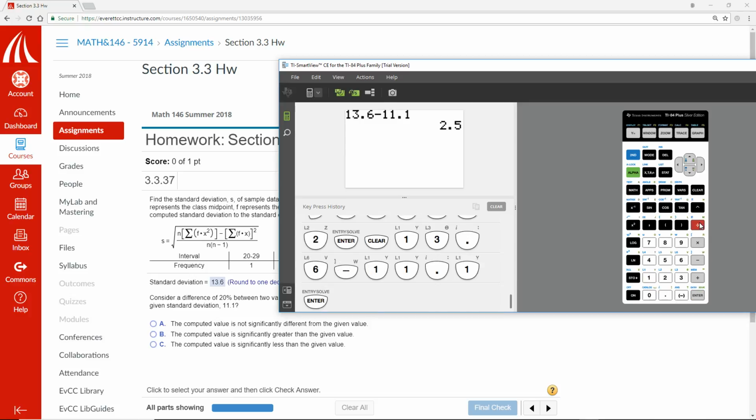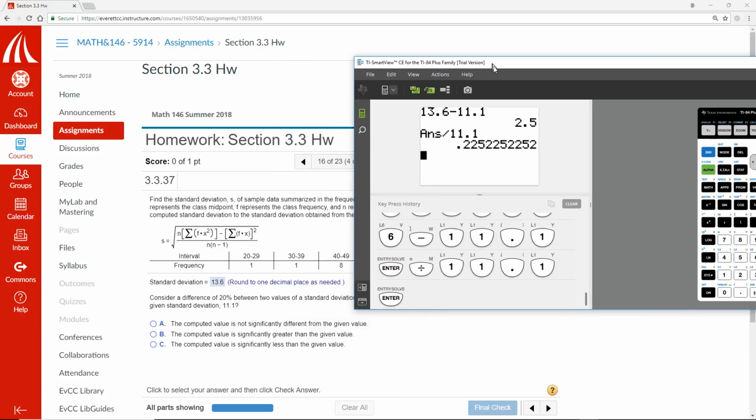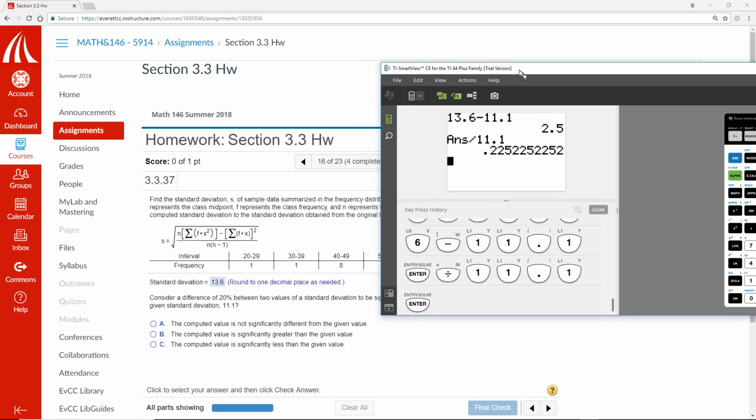And if I were to divide that by the original amount of 11.1, this will let me know the percentage of how much it varies. 2.5 points above. So it looks like the difference is actually more than 20%.